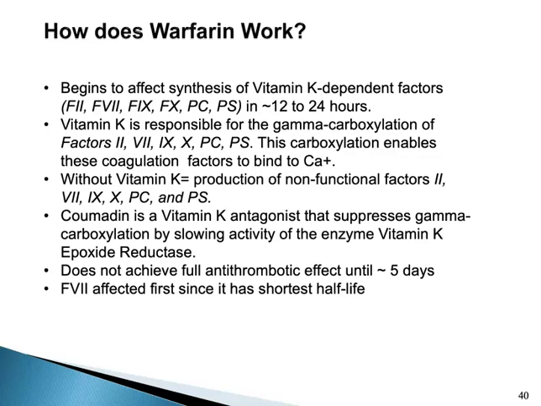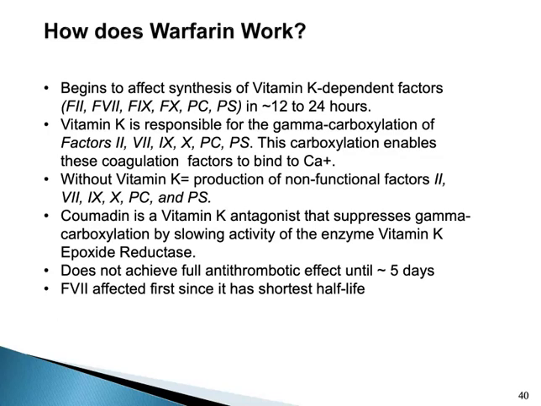And so coumadin is known as a vitamin K antagonist that suppresses gamma carboxylation by slowing the activity of the enzyme vitamin K epoxide reductase. Warfarin does not achieve the full antithrombotic effect until about 5 days of dosing the patient.